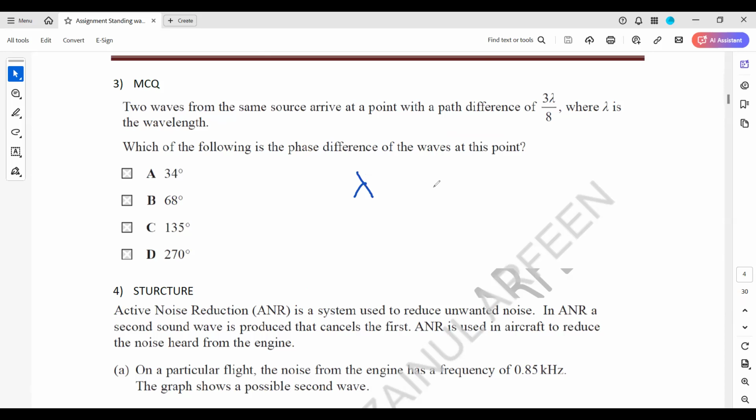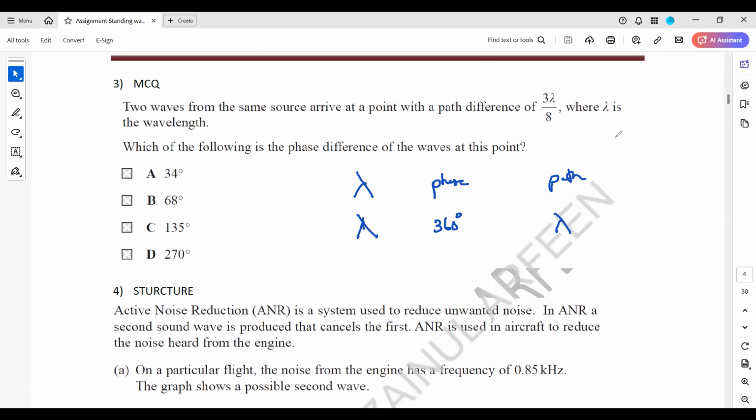When we have one wavelength, what is the relation between the phase and the path? When we have one complete wavelength, lambda, the phase difference, the angle difference, will be 360 degrees, or the path difference will be lambda.